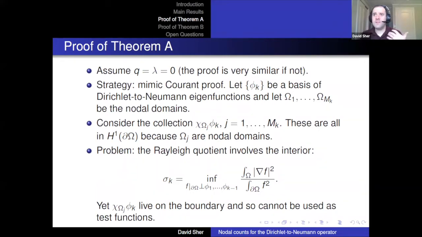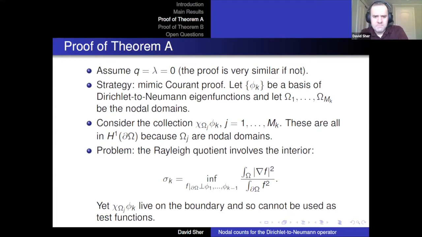This says something about the Dirichlet-to-Neumann operator being non-local. The Rayleigh quotient involves more than just the boundary. It depends not just on the intrinsic geometry of the boundary, but the extrinsic geometry of the boundary being embedded into the domain.